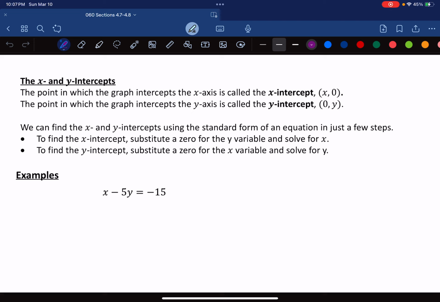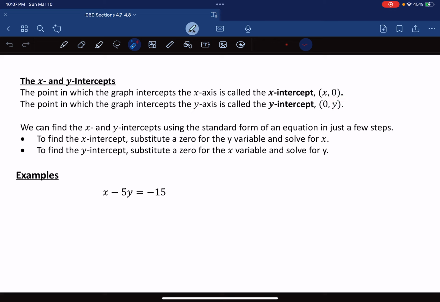Most linear equations intercept both the x and y axis, and the point in which the graph intersects the x-axis is called the x-intercept. It has the x-coordinate of x, whatever its x value is, and then the y-coordinate 0.